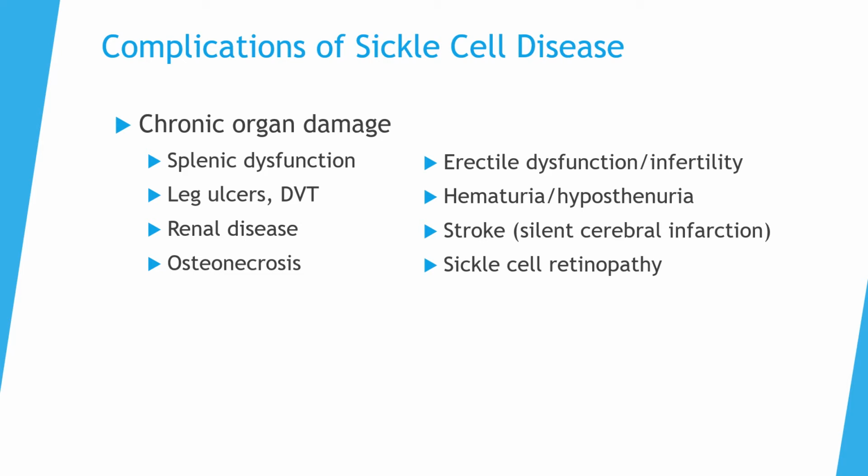Blood may be found in urine, and urine's osmolarity may be elevated. Stroke can occur from sickle cell disease as the sickling occurs within the vasculature of the brain as well. And sickle cell retinopathy, which we'll cover in the subsequent slides, can also happen as a complication.